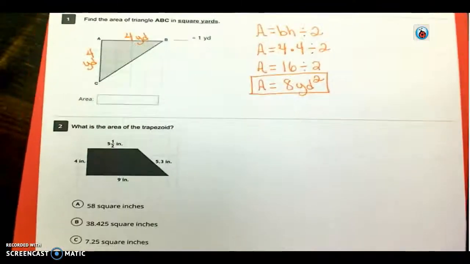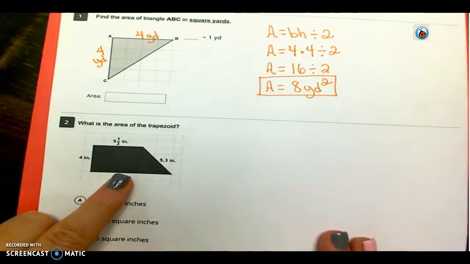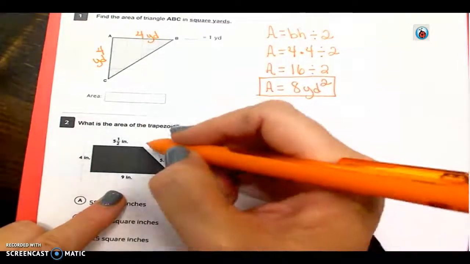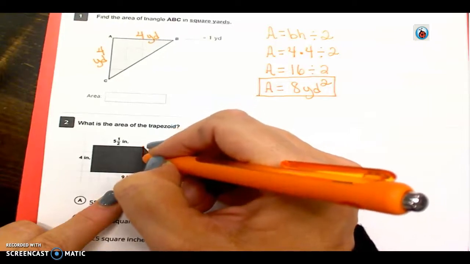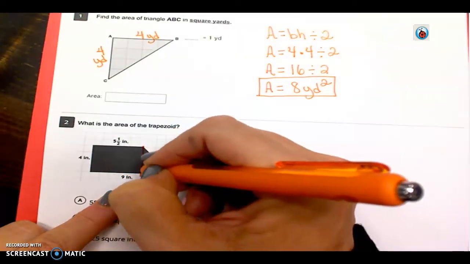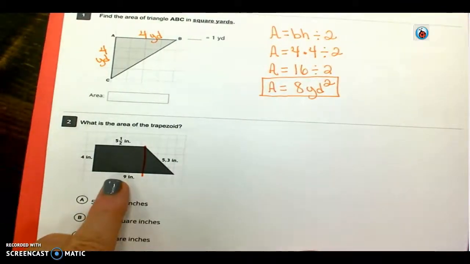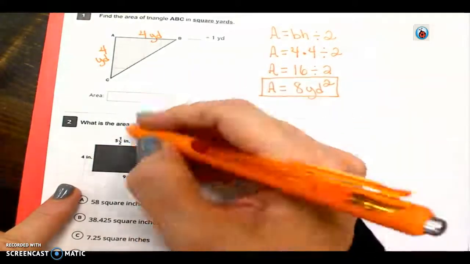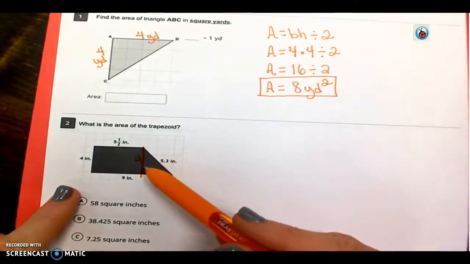Okay, our next one down is a trapezoid, and we can find the area by decomposing it. So if we look at where the corner is here, we kind of draw that all the way through, we can get the height of the triangle, the height of the rectangle, and we already know that if this is 4, then this would also be 4 as far as the height of the triangle.